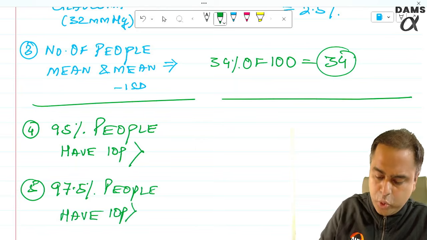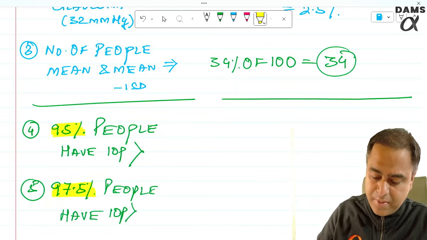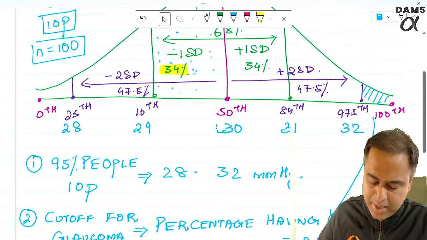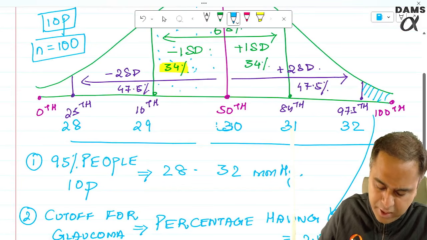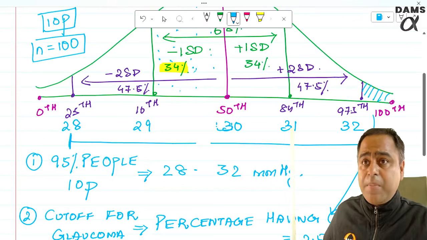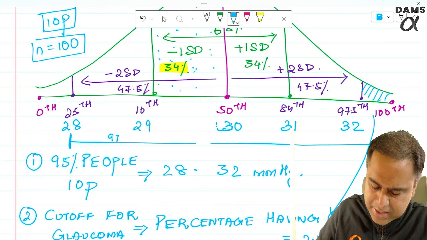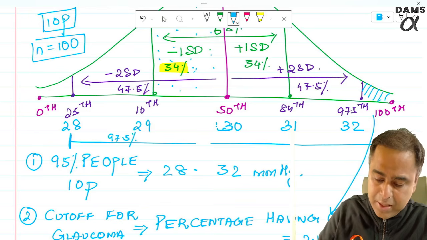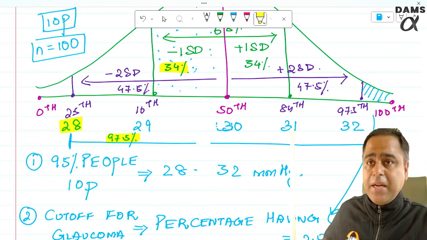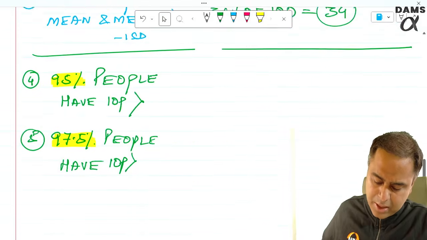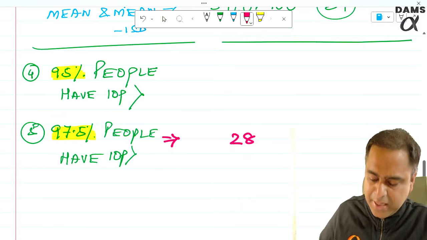So two questions, 95 and 97.5. Now, if we look into this image, this value represents 2.5. So 100 minus 2.5, you would realize that 97.5% people will have a value above 28. So the answer to this 97.5% would be 28.